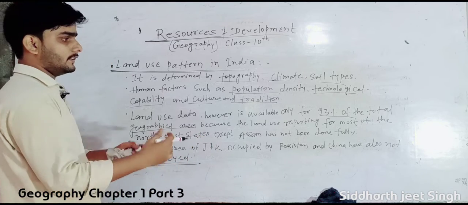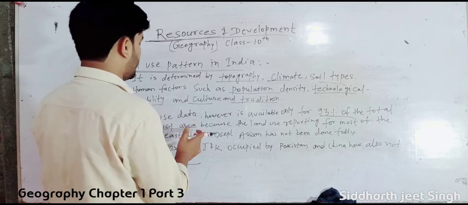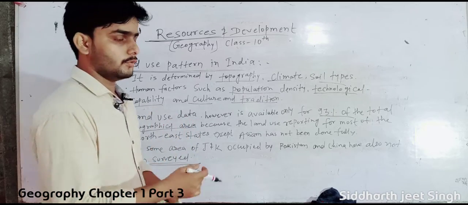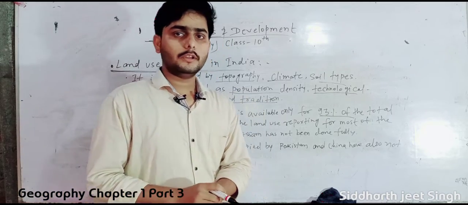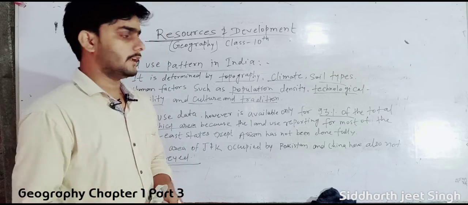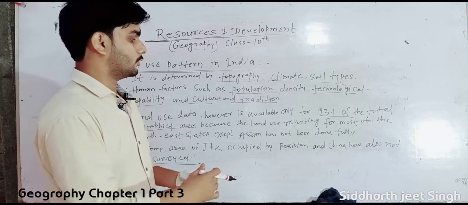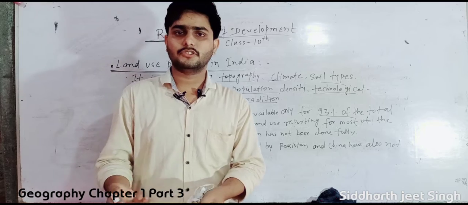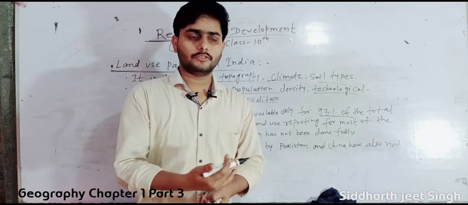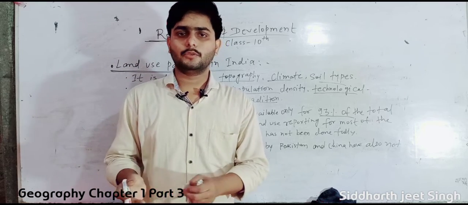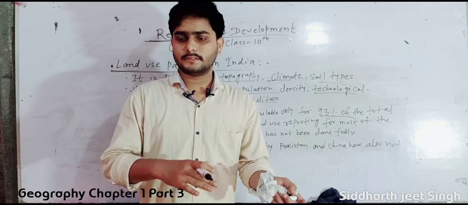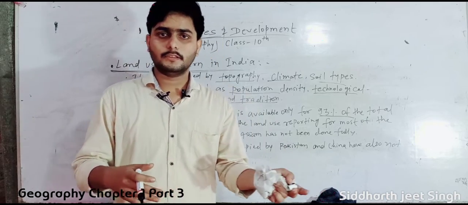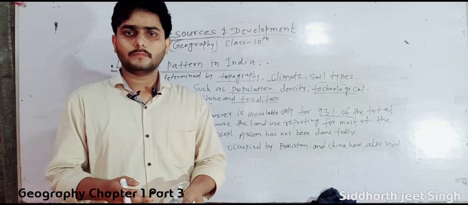So only 93% of the land use data is available, because approximately 7% is not available. We know that some part of Jammu and Kashmir is a disputed area, which Pakistan says it has occupied.